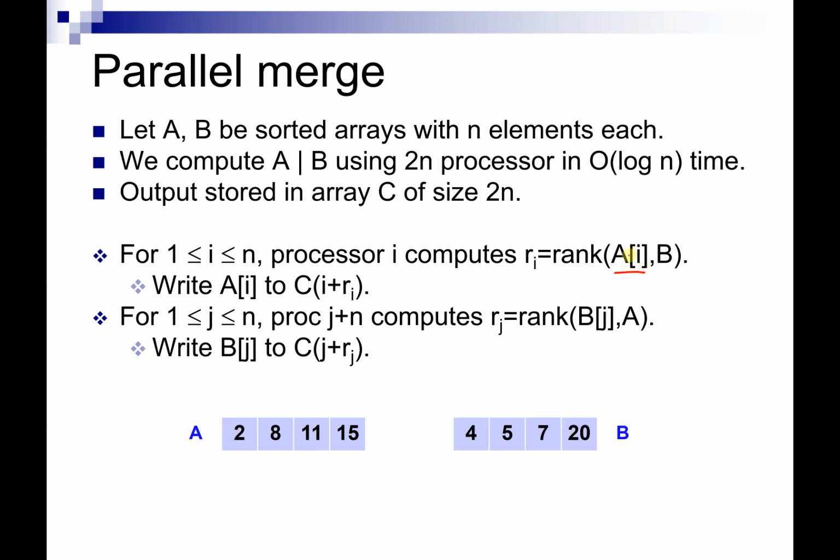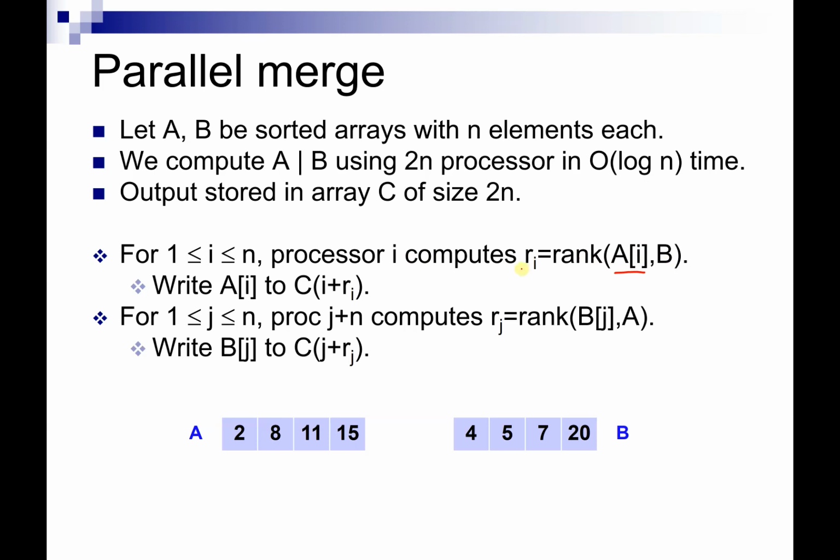Well, now the rank of the ith value of A in A is simply its index itself, because the fact that it's at position i means that it's the ith largest value, because A itself is sorted. So the rank of A[i] in A is equal to i. And then the rank of A[i] in B, we can do that in log n time, just using a single processor using binary search, as we saw.